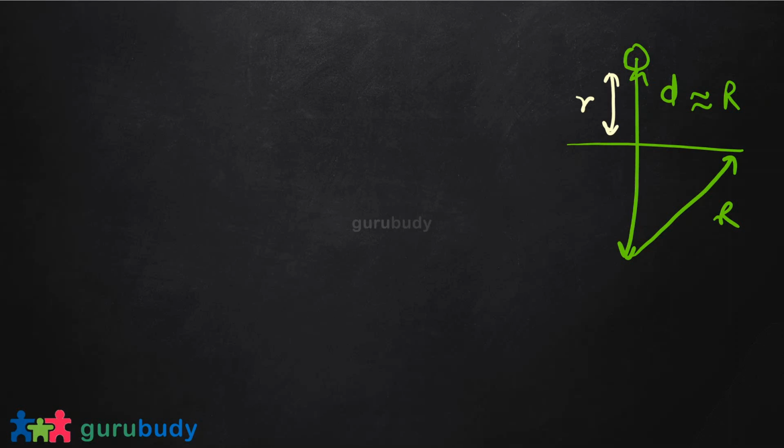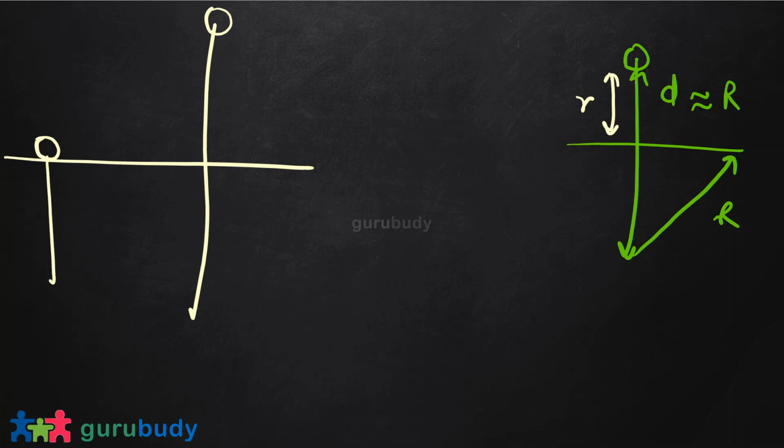So if I have an object laying on the earth, and another object, let's say, on top of the Himalayas, the gravity value would be slightly different, because d, the separation between the object and the earth, is different. Even though the gravitational constant and mass of earth are constant, the d value is different: d1, d2.